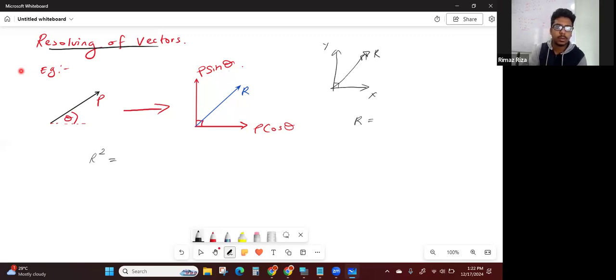R is equal to the square root of x squared plus y squared, right? This is how we calculate the resultant. We did this in our previous class.